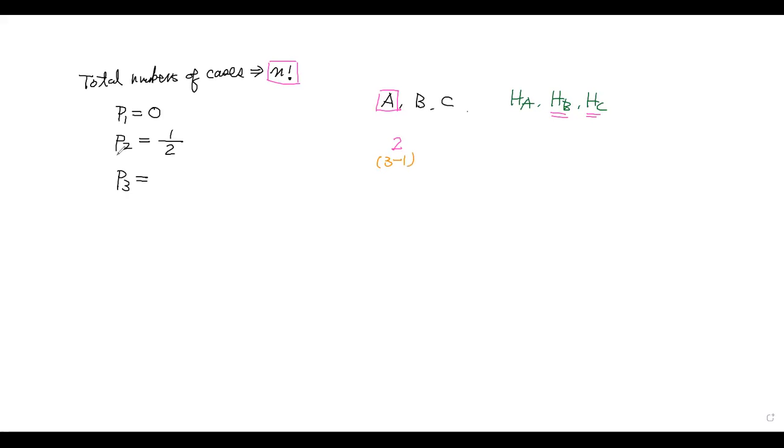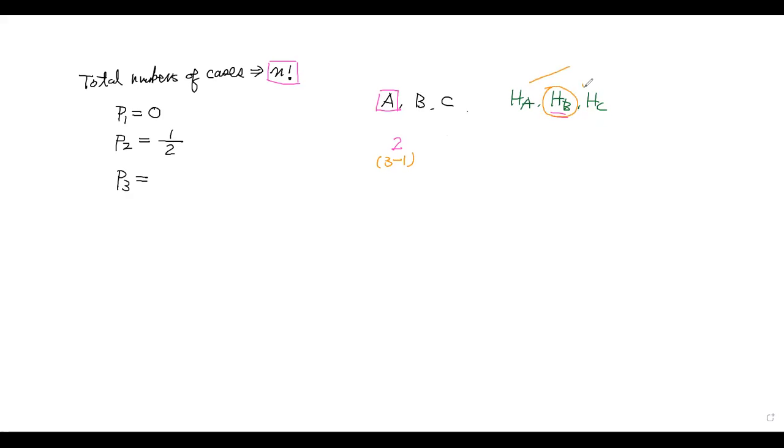So we try to derive our general form here. A has 2 choices, either hat B or hat C. Let's see, if A chooses B, how many are left?